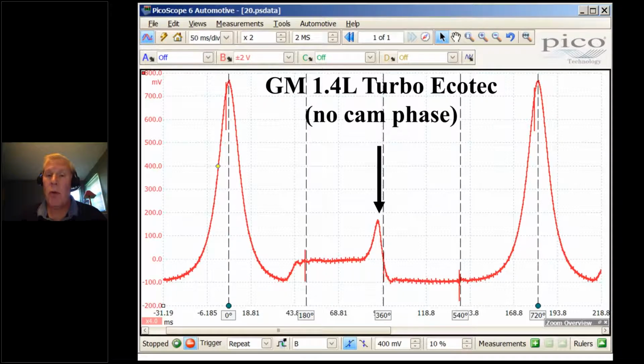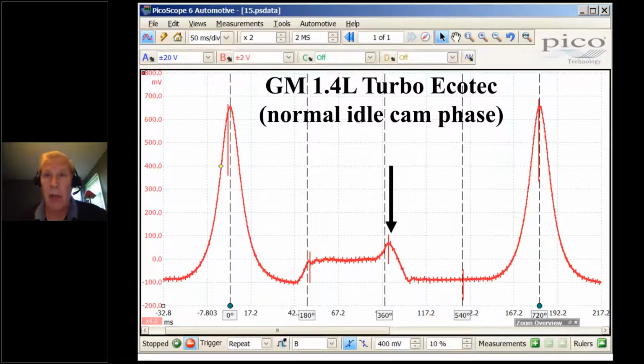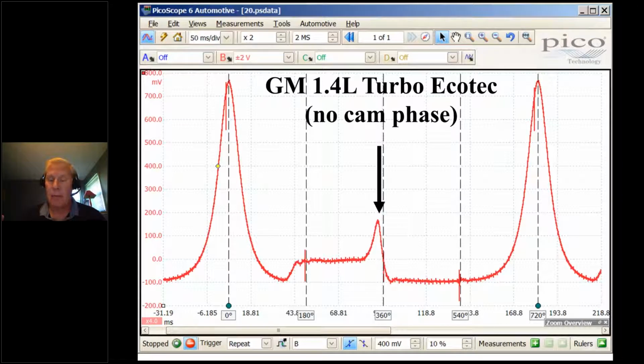I can save known good with the cams phasing, or I can save known good with the cams not phasing. Of course, I did both, but in general, when I am doing documentation and saving, I will disconnect the solenoids, I will disconnect the actuators, I will prevent the cam from phasing, and I will note it in my notes on my scope patterns. That is clearly up to you.